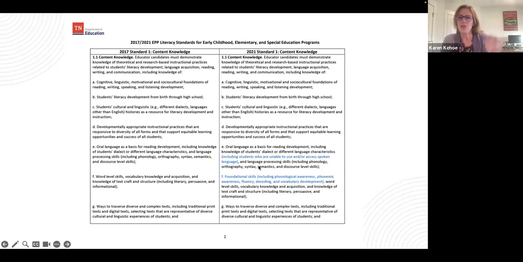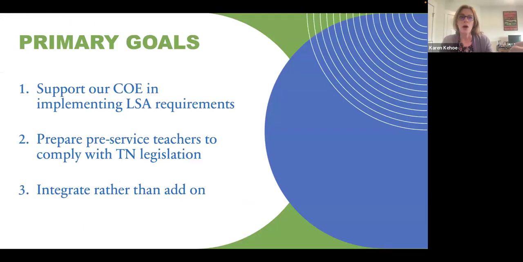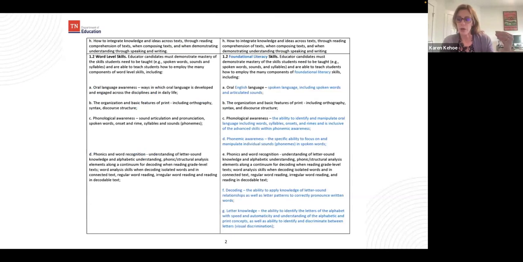You can see that in this content knowledge strand, they really are beefing up what they're talking about in terms of foundational skills and really highlighting we mean phonological awareness, we mean phonemic awareness, we mean decoding, instead of just leaving that a little bit more nuanced. And so you can go through all of those pieces that they're really articulating and explaining more than had previously been. Okay, so that's the context that we were working in.